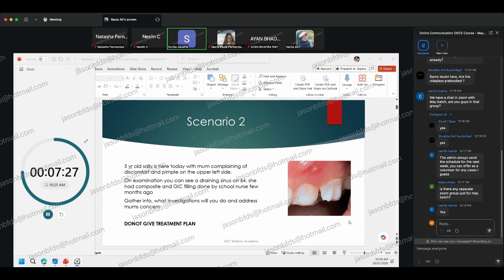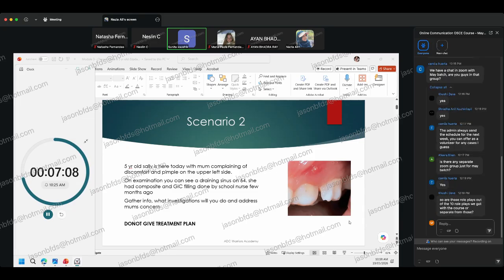Okay. Are you taking any medications to relieve this discomfort? No, like I mentioned, there is pain on chewing, but it's not severe enough for us to give her pain medication. Okay, understandable. And by chance, did you notice any swelling on the face? No, nothing at all. That's good. Now or in the past, did it awaken Sally or make her unable to sleep properly? No, she's been okay. That's really good.